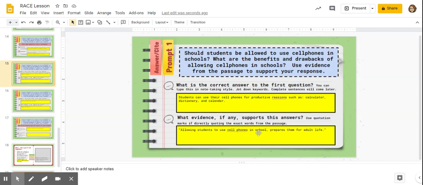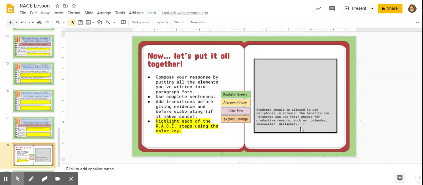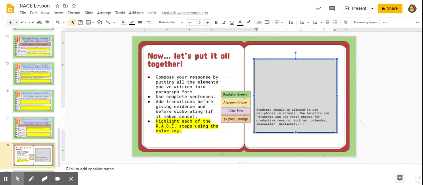Allowing students to use cell phones in school prepares them for adult life. Yes, that sounds like good stuff to use. Allowing students to use cell phones in school prepares them for adult life.